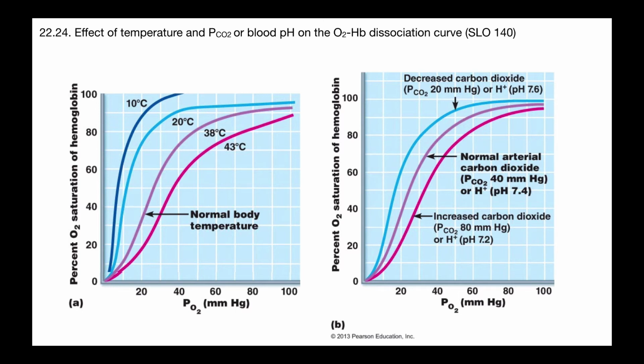But again, what we're seeing in both of these graphs is the effects of exercise, either in terms of temperature or in terms of acid produced that gets dumped into the blood. We see this rightward shift so that it's easier for hemoglobin to become unsaturated.